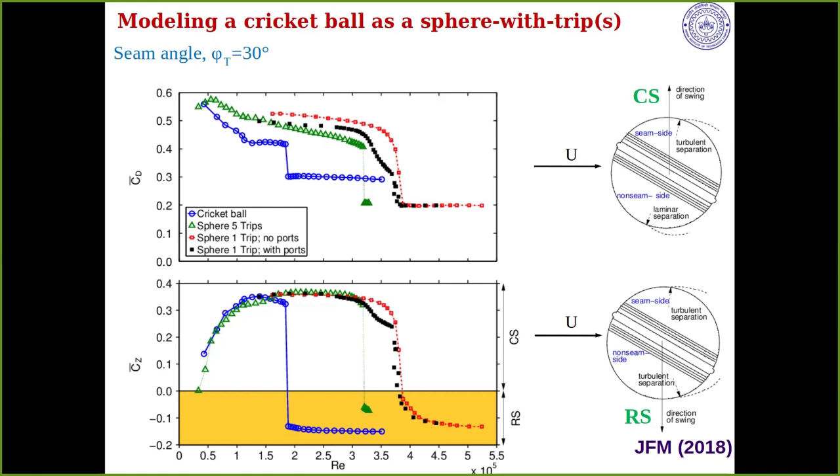So beyond a certain Reynolds number, the swing coefficient is increasing. Then it saturates. And then, after a certain Reynolds number, something very interesting happens. It reverses. The reason being the following. As I increase the speed, this side became turbulent because of the seam. Okay.